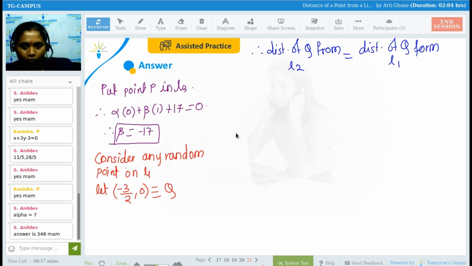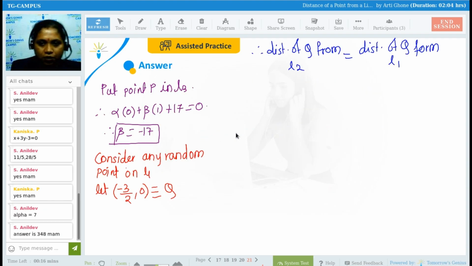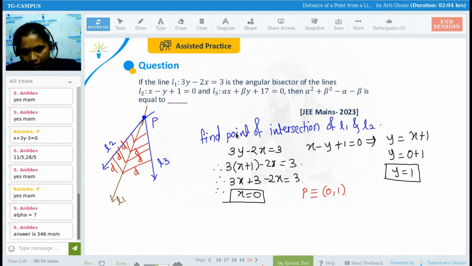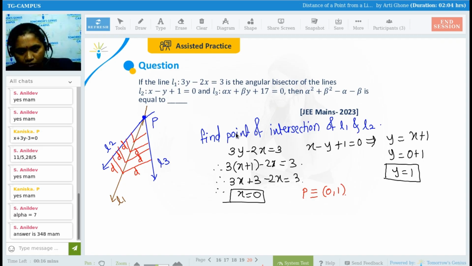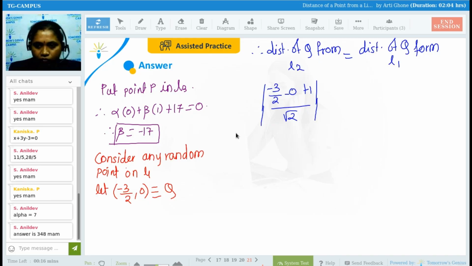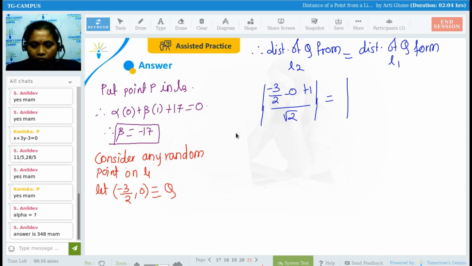So calculate distance of Q from L2 and Q from L1. So Q from L2 is x minus y plus 1. So it is minus 3 by 2 mod of x minus y plus 1, over square root of 1 square plus 1 square, is equal to alpha x square.